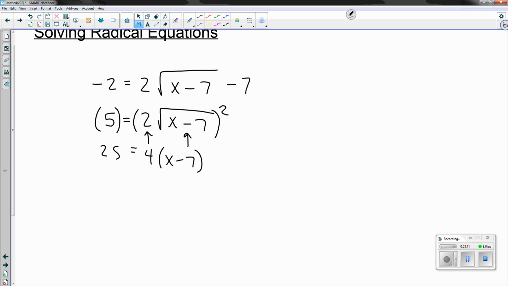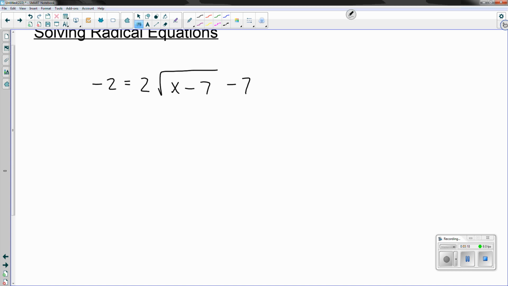I can distribute that 4 and work around dealing with that 5/2. So something to think about when going through these examples: is it worth your time to move that coefficient in front of the radicals to the other side? Think about, do I want to work with fractions right off the bat? Yes or no? It's really a preference thing.